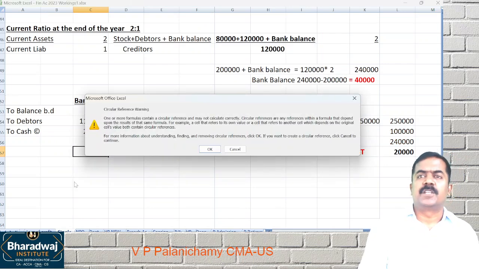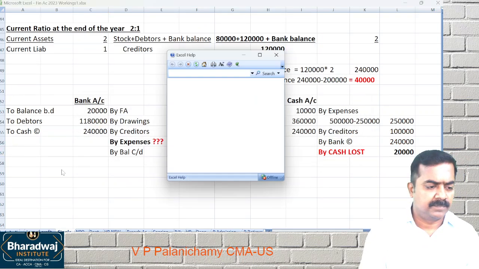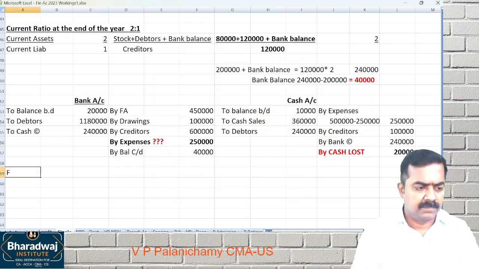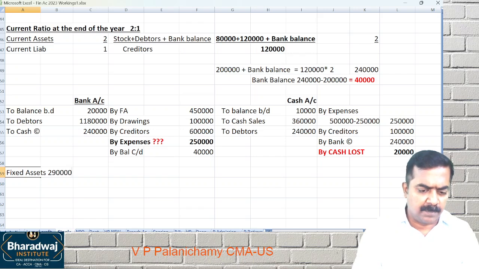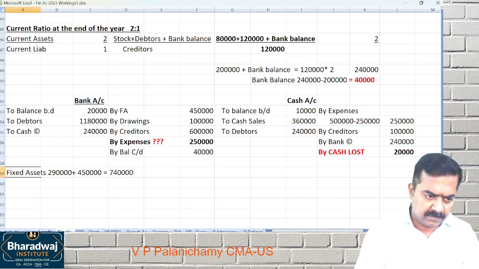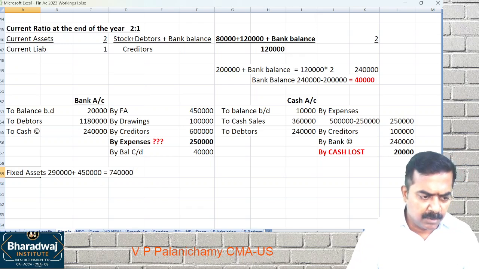Fixed asset depreciation எப்படி போட சொல்லிருக்கான் பாருங்க. Fixed assets-ஓட opening balance எவ்வளவு இருக்கு? Plus எவ்வளவு purchase பண்ணிருக்கோம்? அப்ப total எவ்வளவு இருக்கு? This is the closing balance.